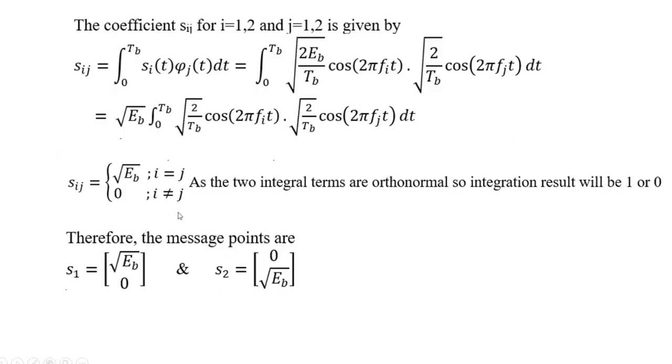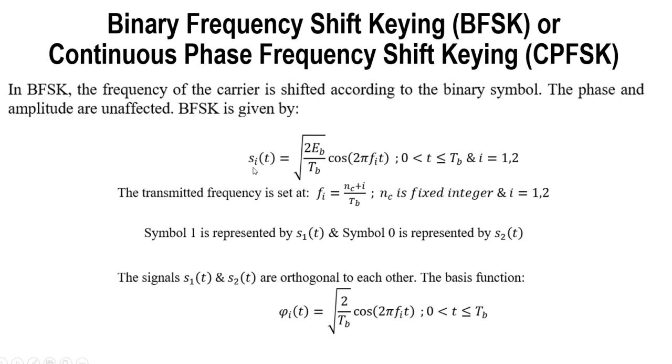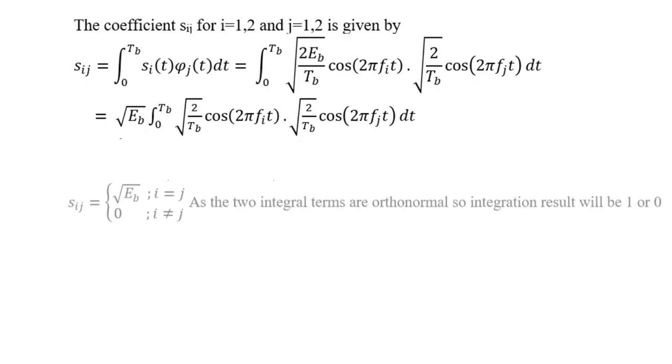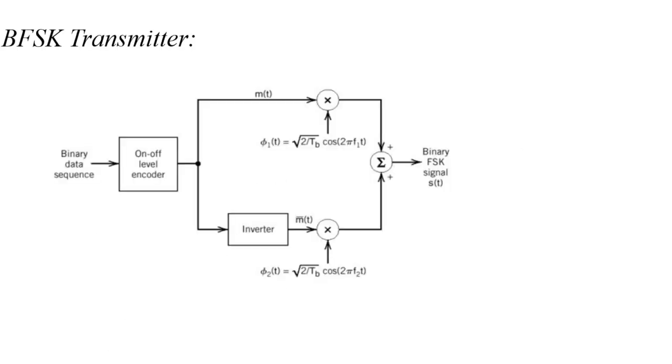You can see here S1 has two components, root Eb and 0, so S1 of t will be S11 phi 1 of t plus 0 phi 2 of t. Similarly, S2 of t is equal to 0 plus S22 phi 2 of t, okay, that will constitute the block diagram.